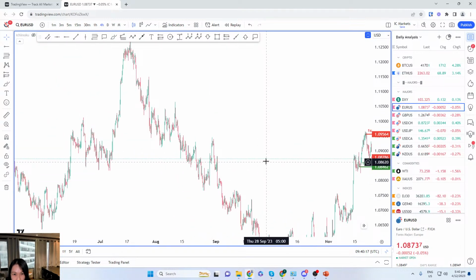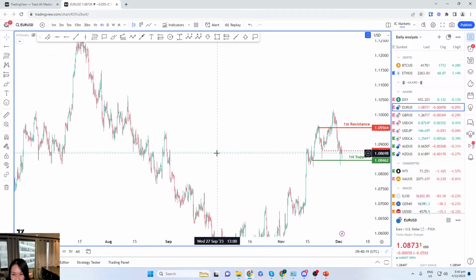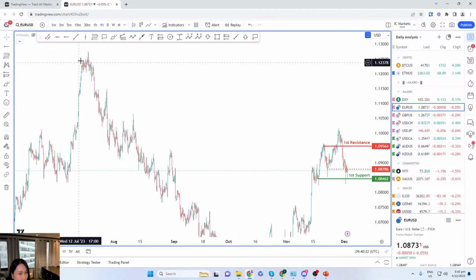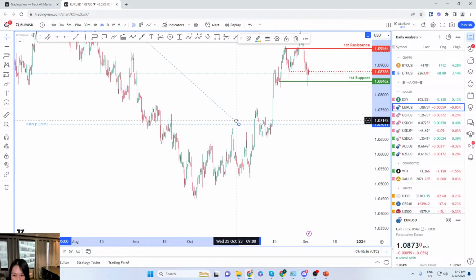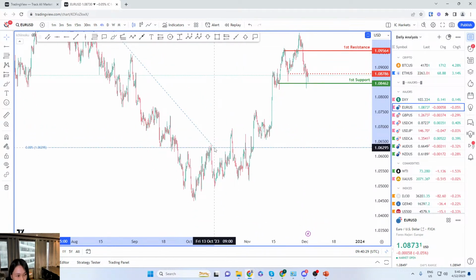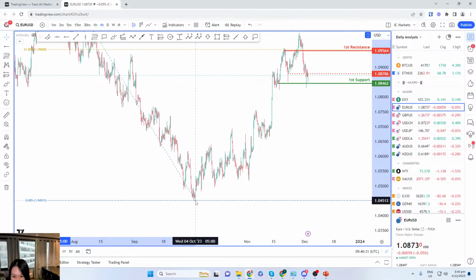Okay, see the swing high. You can see the swing high is actually over here. So I'm going to try and draw from here.